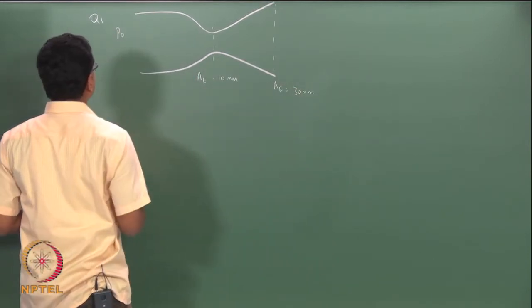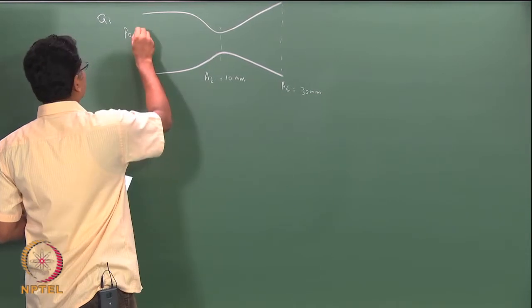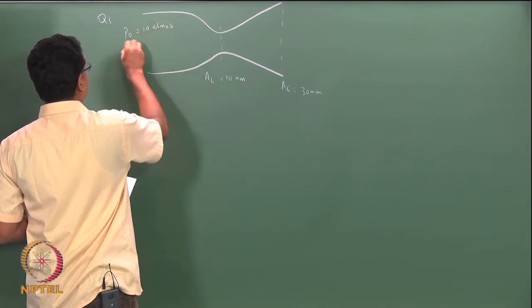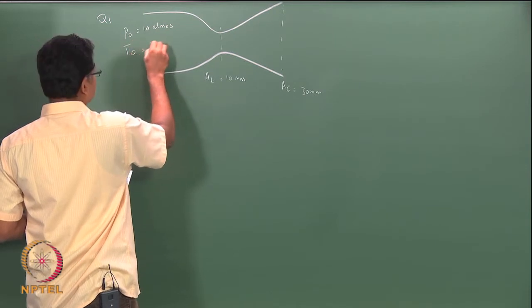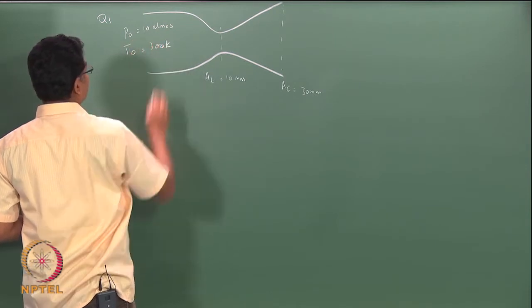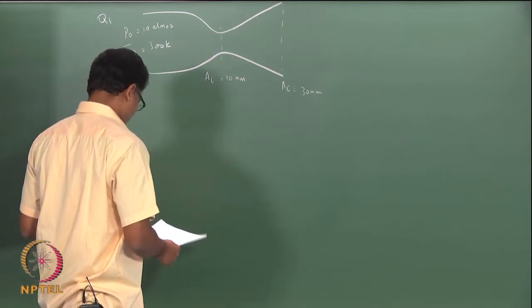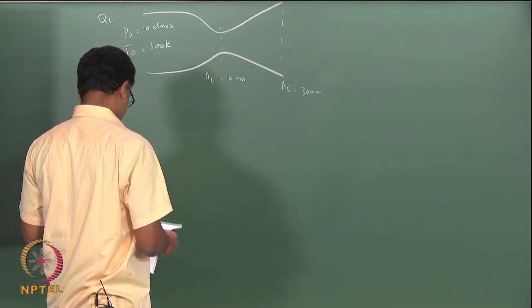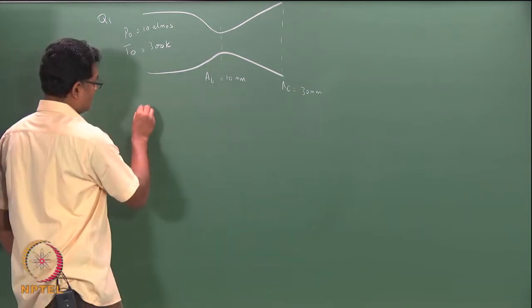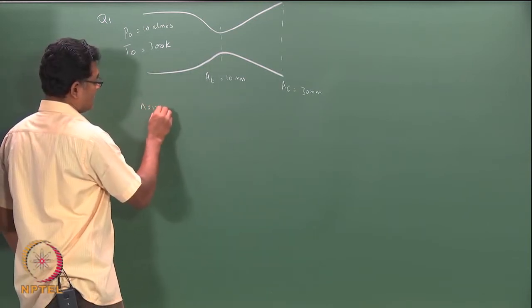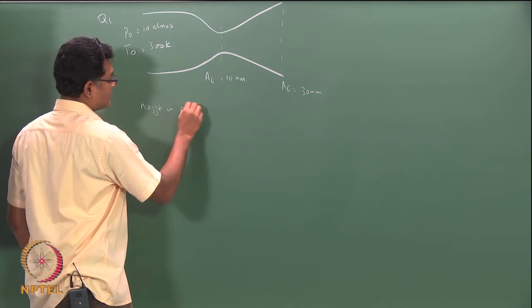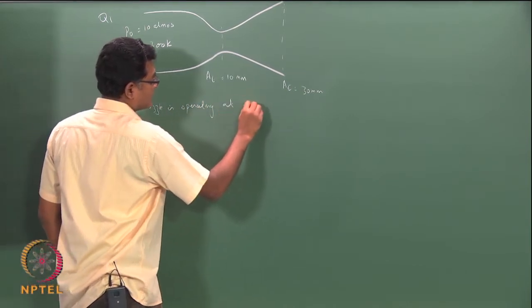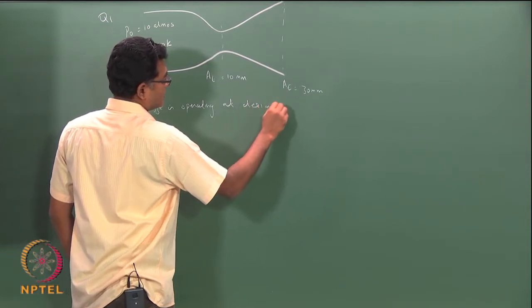The stagnation pressure is 10 atmospheres and T0 is 300 Kelvin. Okay. Nozzle is operating at design condition.